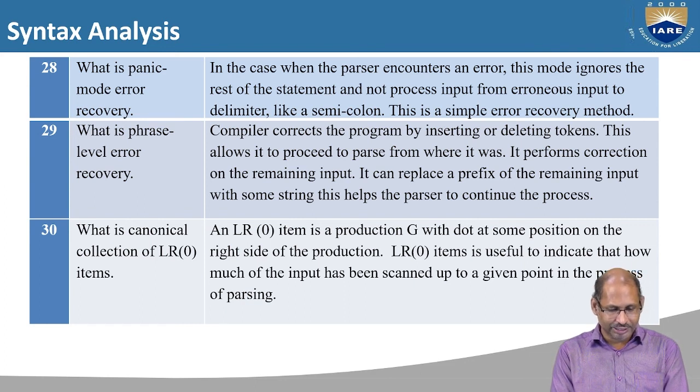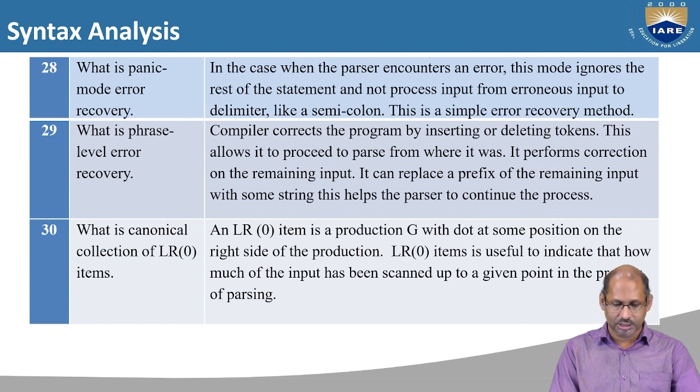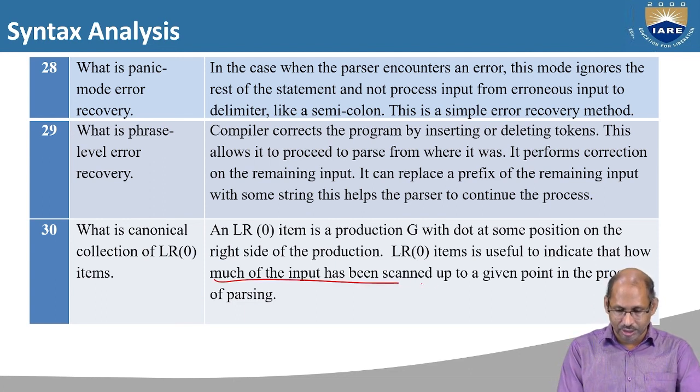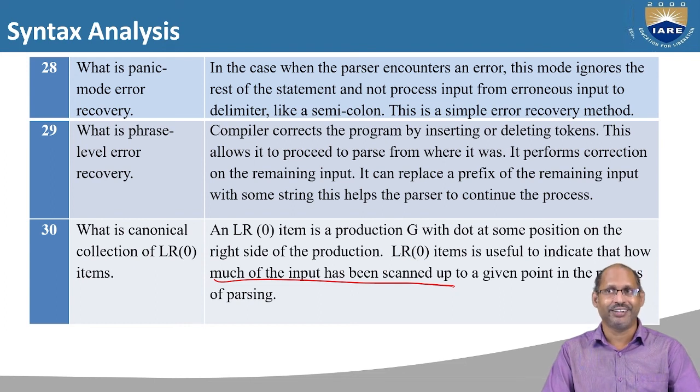Then, canonical collection of LR0 items. An LR0 item is a production of G with a dot at some position on the right side of the production. LR0 items are useful to indicate how much of the input has been scanned up to a given point in the process of parsing.